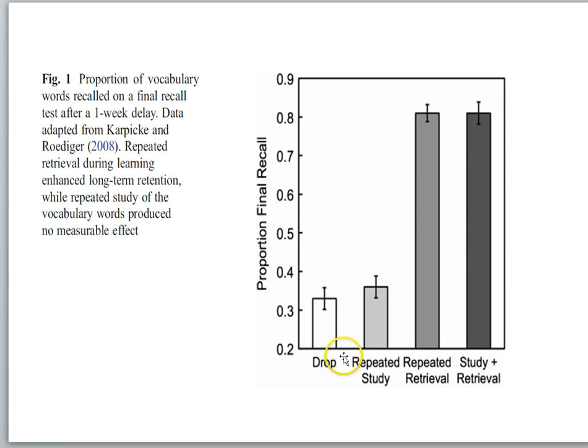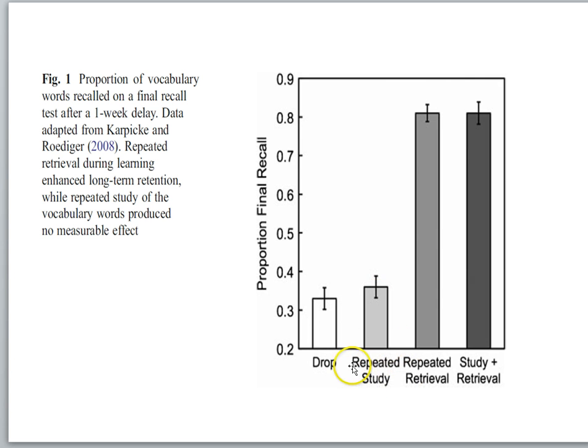Now let's think about this a little bit. Remember, the difference between the drop condition and the repeated study condition is that in the repeated study, the word is still in the pile, so you still get to look at the word and its translation. So you get to repeatedly look at the word and its translation in this condition compared to just once here. Notice there's not much of a benefit to repeatedly studying the word and its translation.